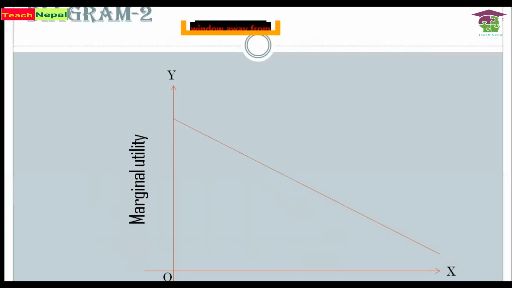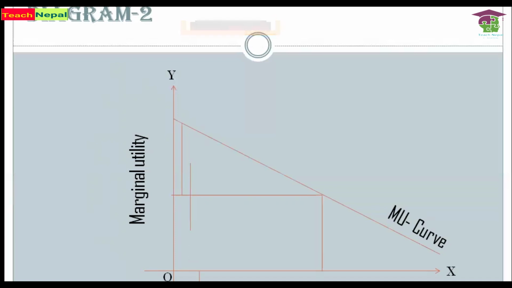This downward sloping curve is the marginal utility curve, and it is referred to as the MU curve. This is the market price or actual price, and this part, this triangular area, this is consumer surplus.